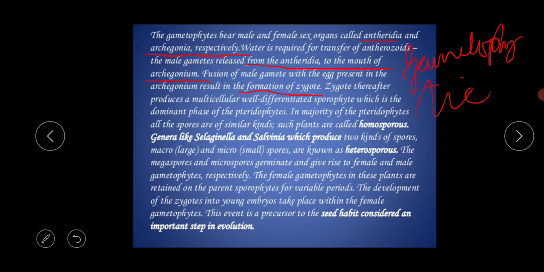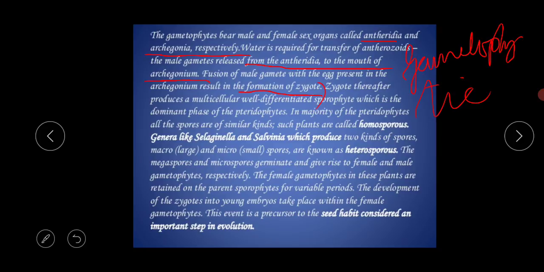For sexual reproduction, the male gamete and the female gamete fuse together and form one zygote. Water is required for transfer of antherozoites, the male gametes released from the antheridia to the mouth of the archegonium. Fusion of the male gamete with the egg present in the archegonium results in the formation of the zygote.